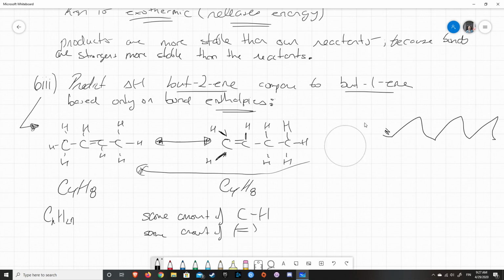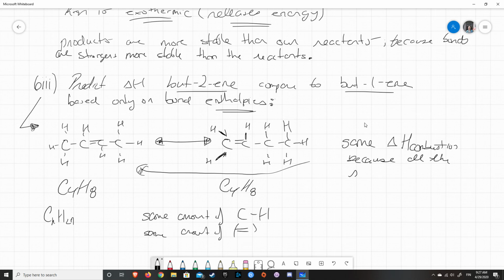We're just comparing the average, so these molecules would have the same delta H of combustion because all the same bonds are present.